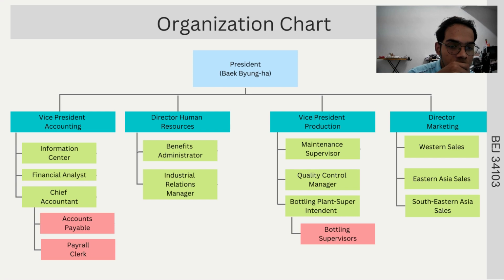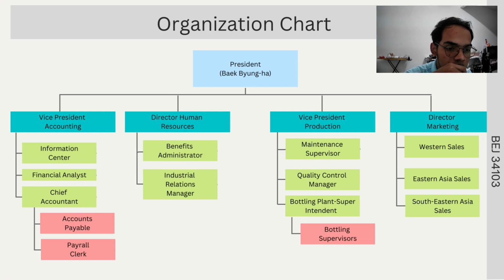Under the vice president accounting there are the information center, financial analyst, chief accountant, accountant, and under that there are accounts payable and payroll clerk. Next is the director human resources, where there are a benefits administrator and also an industrial relation manager.